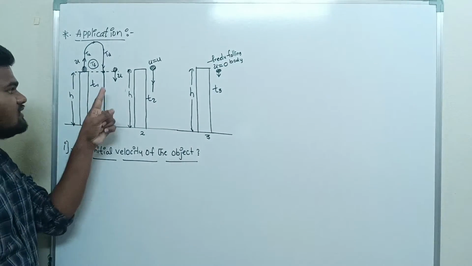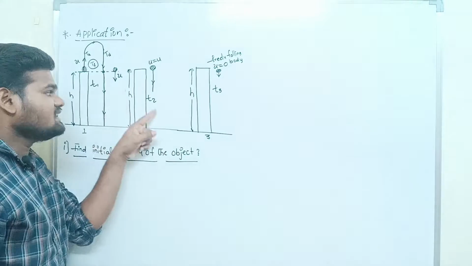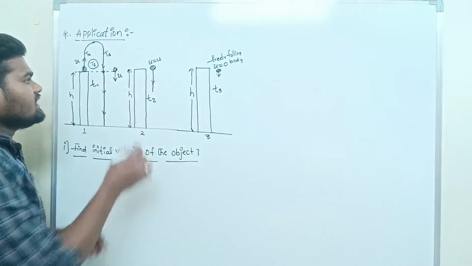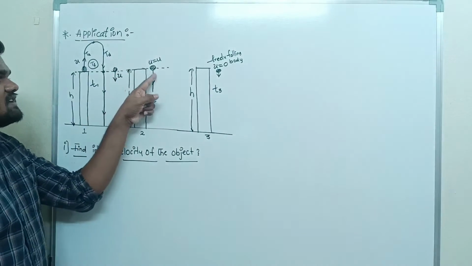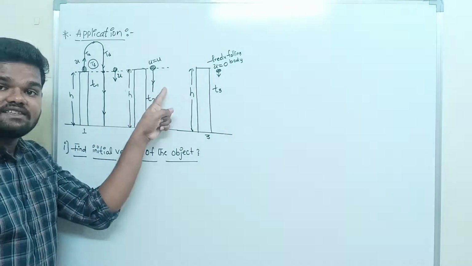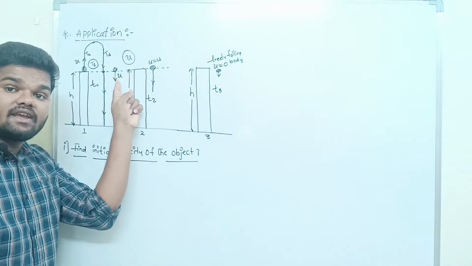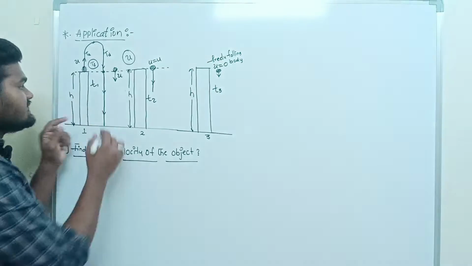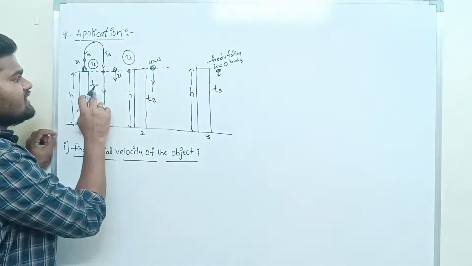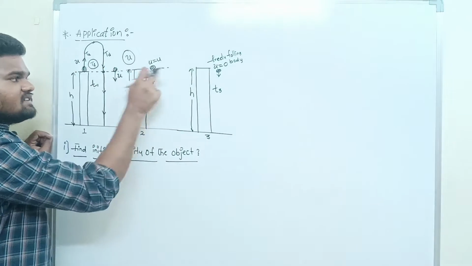Observe these two diagrams: at the same height of the tower, the initial velocity of the two objects is u only. Now the total time taken by the two objects to reach the ground from this height is also the same. Let us say this is T1 and this is T2.